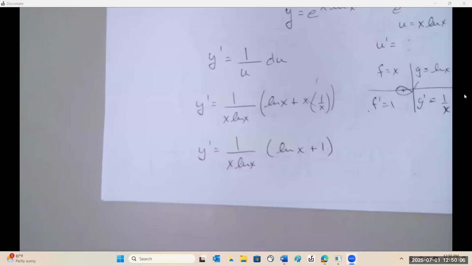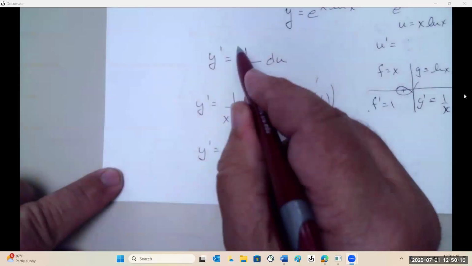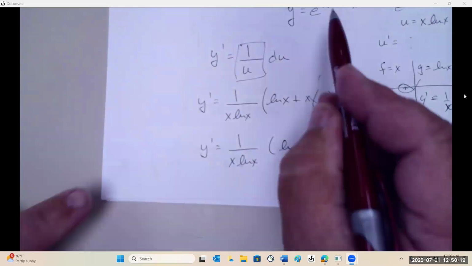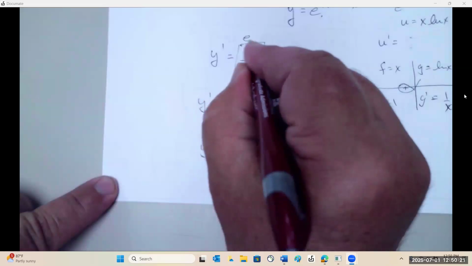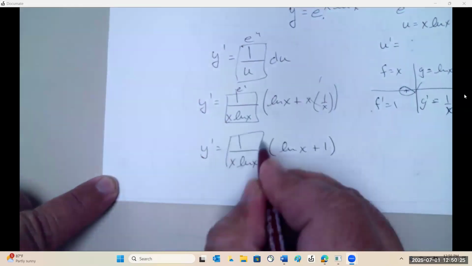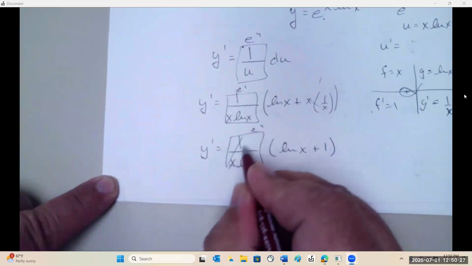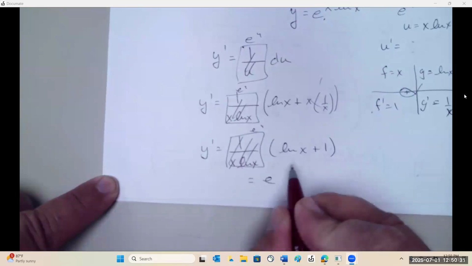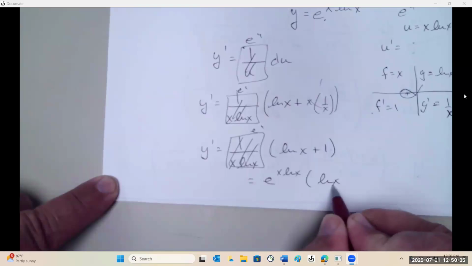Oh, crikey. This is a derivative of what? Of e, not ln. So this one still should have been e to the u. This should have been e to the u. So it's e to the x ln x times ln x plus 1.